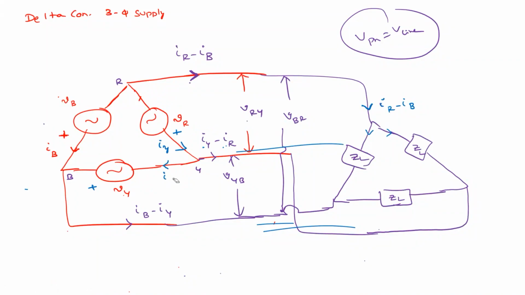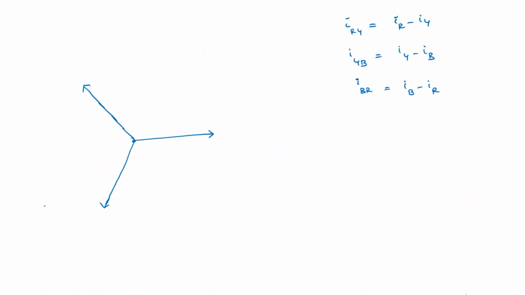In other words, this is IR, this is IY, and this current is IR minus IY. Directions are not material for us. The only thing is IRY is IR minus IY, and IYR is IY minus IR.